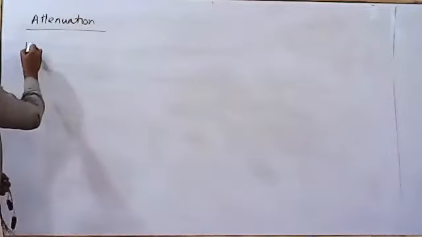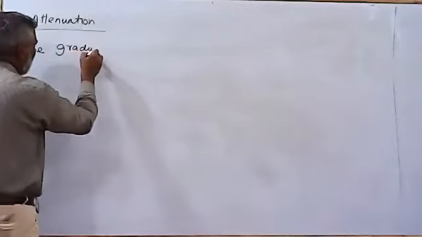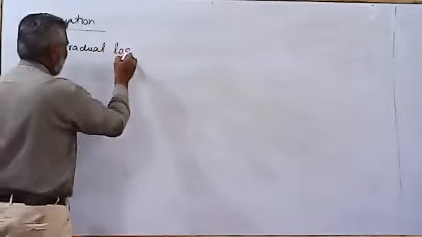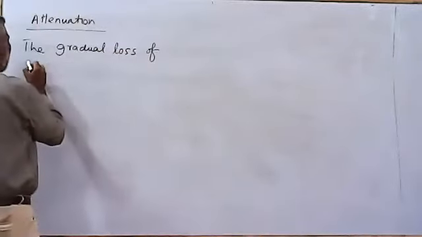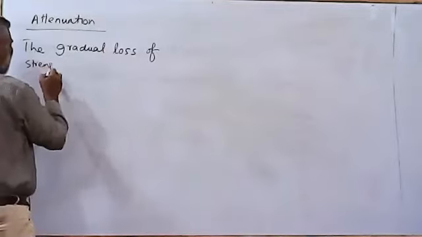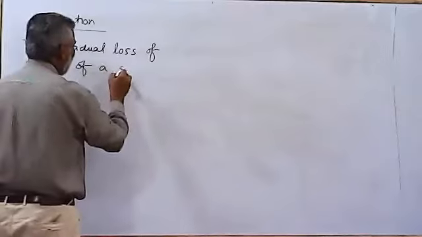Attenuation is the gradual loss of strength of a signal.